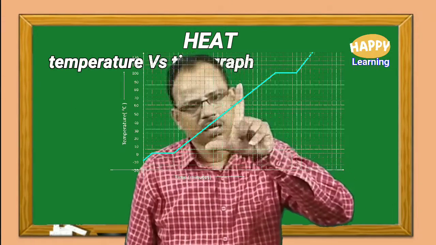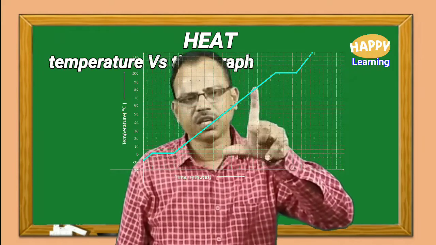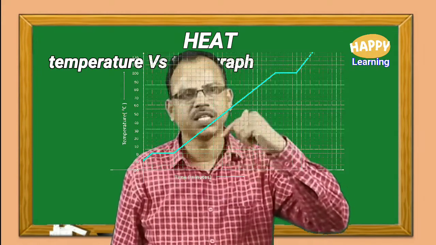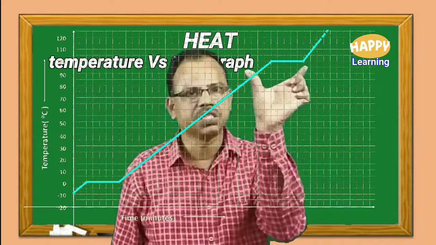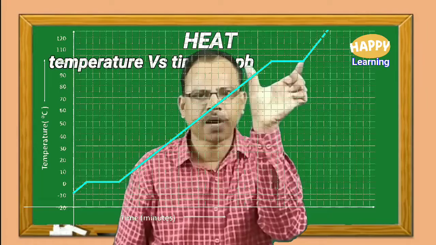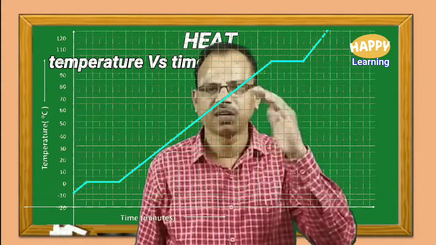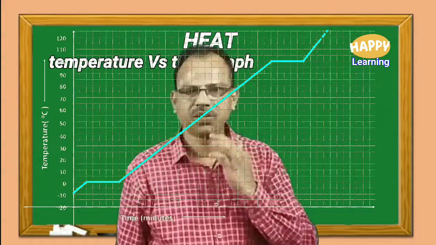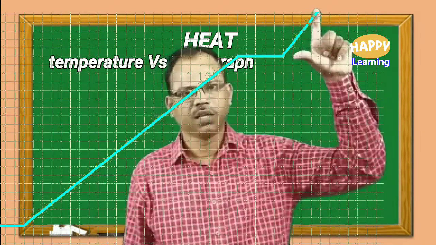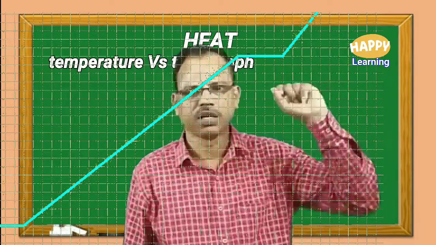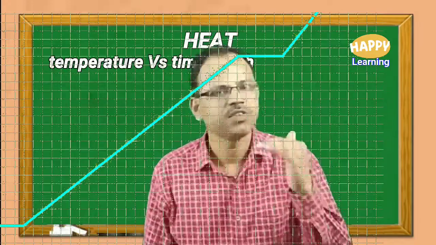And then this positive slope part represents rise of temperature from 0 degrees Celsius up to 100 degrees Celsius. Then this flat part, parallel to the x-axis, represents the conversion of liquid to gas. Then this last positive slope part represents the increase in temperature of steam.